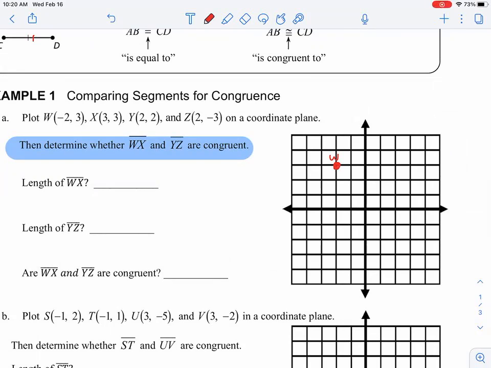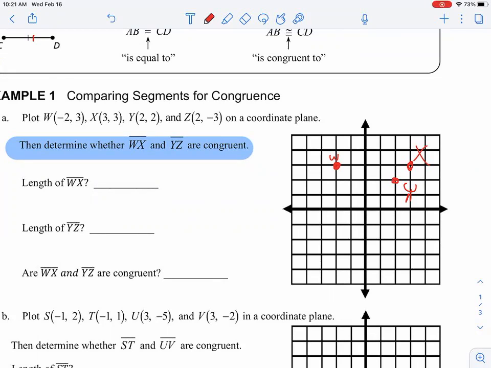Then we plot X at (3, 3). That means I'm going to go to the right 3 and up 3, and put an X there. Then we have Y at (2, 2), so I go over 2 and up 2. That's going to be Y. See the Y over there.